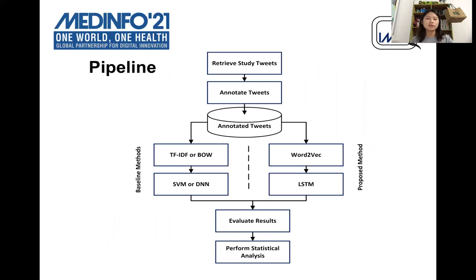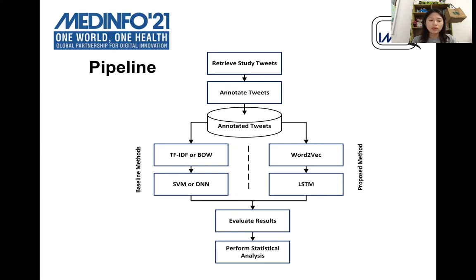Here is the pipeline of our study. After the initial processing of Twitter data, which is described in the data section, a corpus of tweets containing at least a medication and one or more effect expressions was generated.